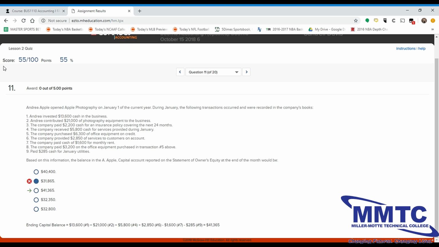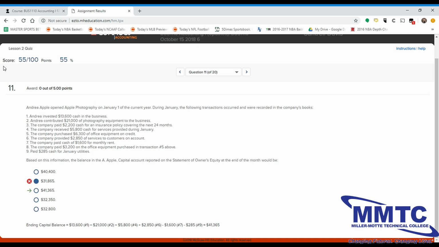So what didn't go? The $13,600, the $21,000. Did that $2,200 go? No, I figured it didn't. It's a prepaid expense, so we haven't actually incurred it yet. When we have prepaid expenses, they haven't actually happened yet, so they don't go into the owner's equity statement because they haven't been incurred.